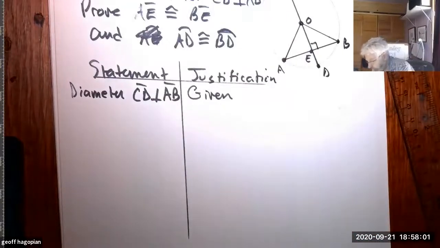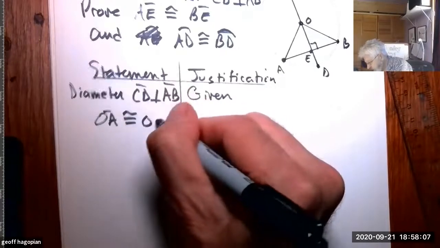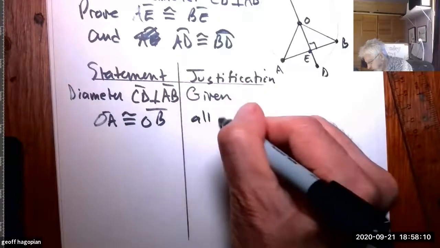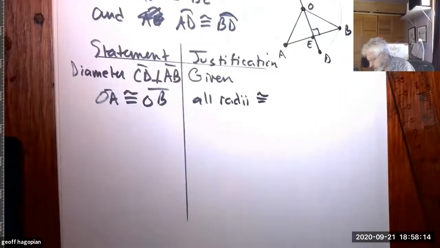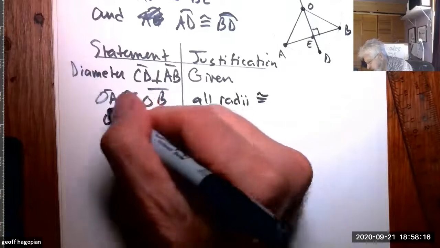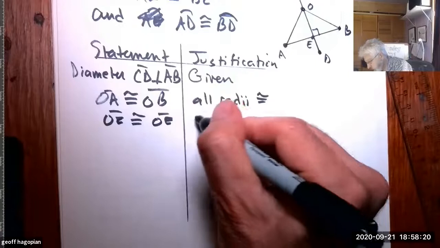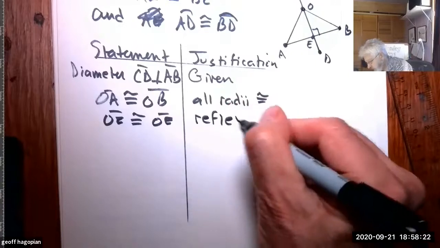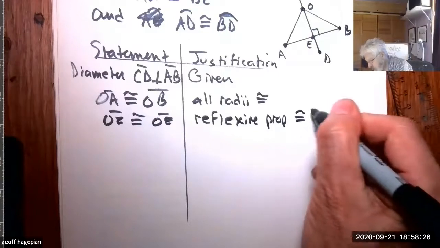So we have that OA is congruent to OB. All radii are congruent. And what else? OE is congruent to itself. That's the reflexive property of congruence.